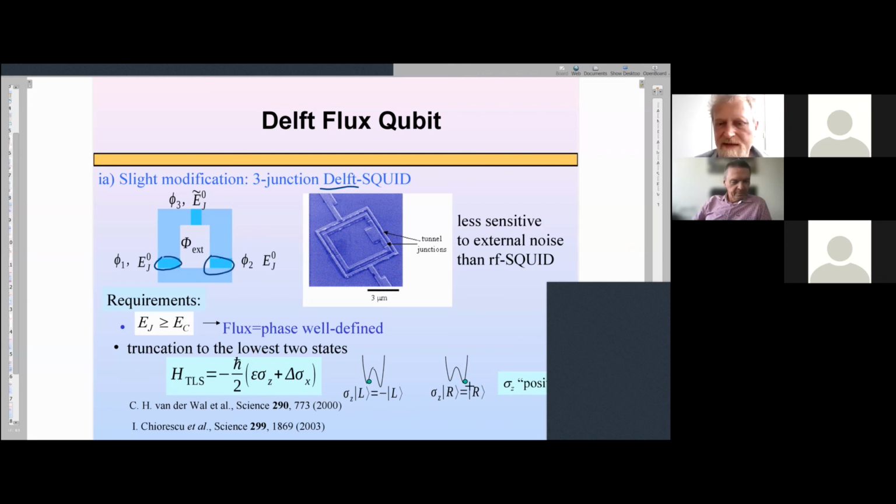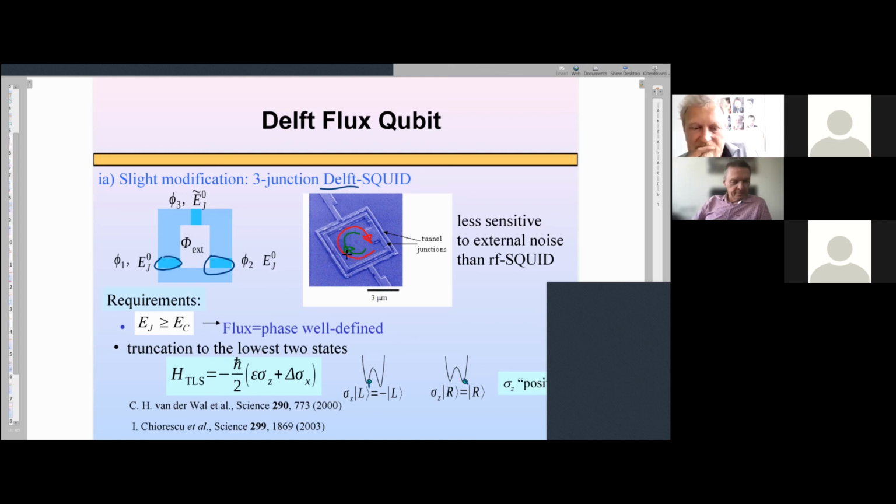If one looks at it just geometrically, those are states with opposite current circulation in this device, either clockwise or counterclockwise.